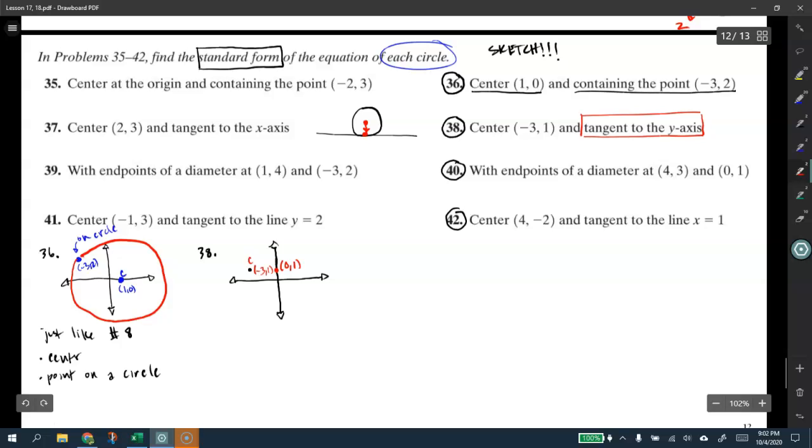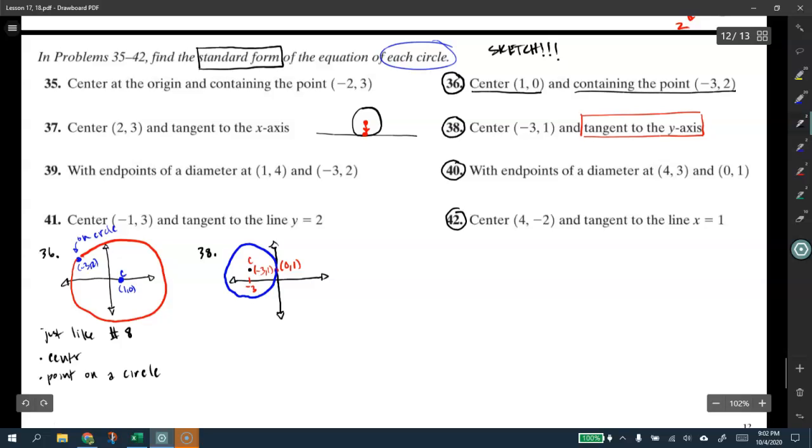Now, how do I know that? It's because if the center was at -3, 1, meaning -3 on the x-axis and +1 on the y-axis, and now we're saying that the circle is tangent to the y-axis, that can only mean that this circle must be going through 0, 1. Initially that seems rather confusing as to how we came up with that description, but once you accept that, once again, you've got a circle. And how is this similar to something that we've done already?